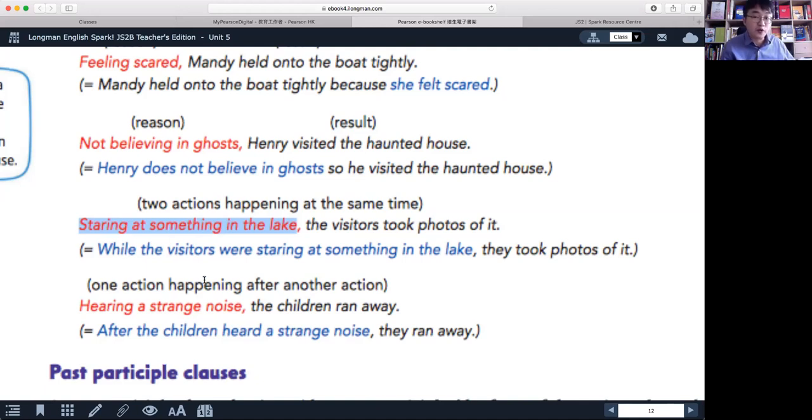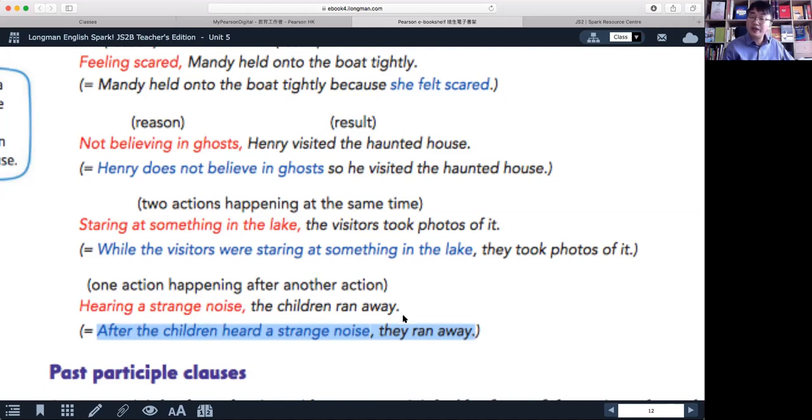Remember, I told you there are three purposes when we use participle clauses. So let's look at the last purpose. Here, this is the original sentence. After the children heard a strange noise, they ran away. So what's the relationship between these two clauses? Cause and effect relationship?